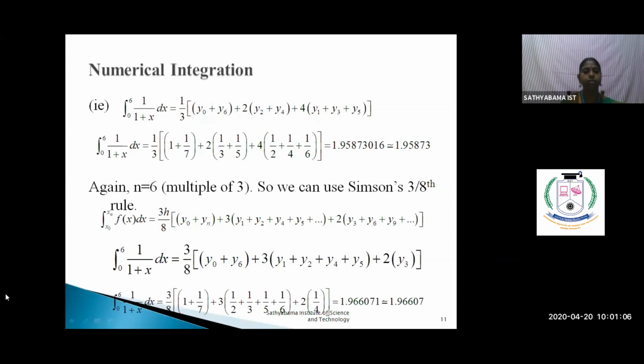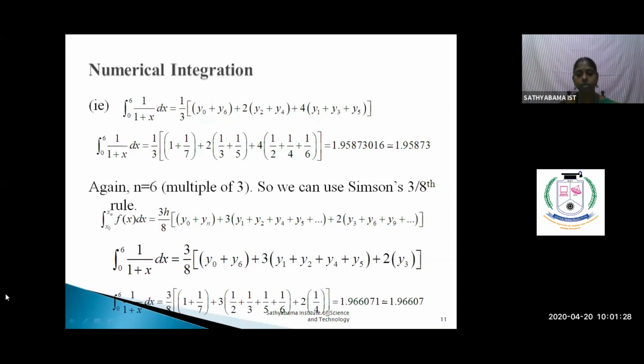So what is my answer? Integral 0 to 6, 1/(1 plus x) dx, that's equal to 3/8 [y0 plus y6, first entry plus last entry, plus 3 times of y1 plus y2 plus y4 plus y5].